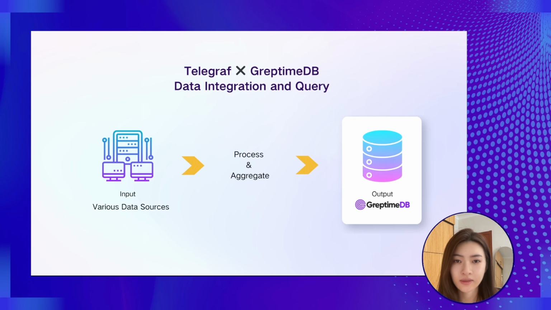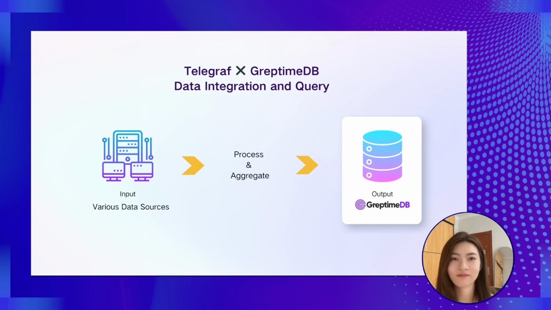Telegraf also implements several processor and aggregator plugins, which preprocess and pre-aggregate the collected data before ingested into the output destinations, such as InfluxDB, Prometheus, and of course GreptimeDB. GreptimeDB supports both InfluxDB v1 and v2 write APIs. To simplify the configuration, this tutorial uses the widely adopted InfluxDB v1 output plugin to configure GreptimeDB.